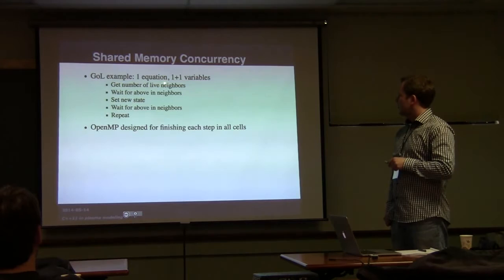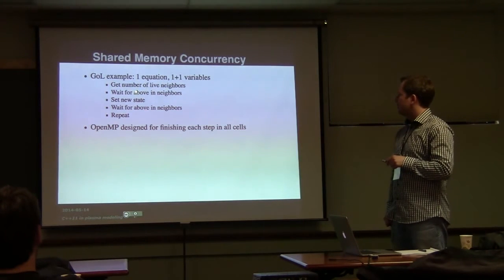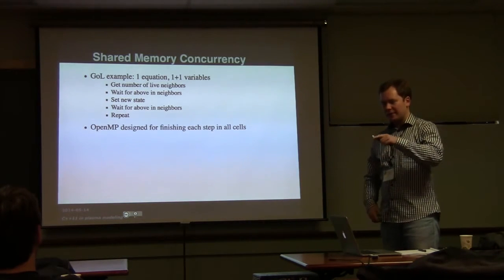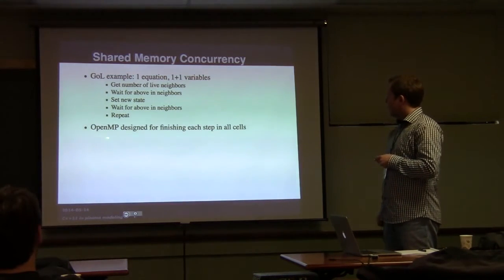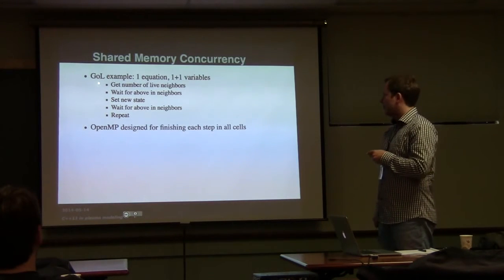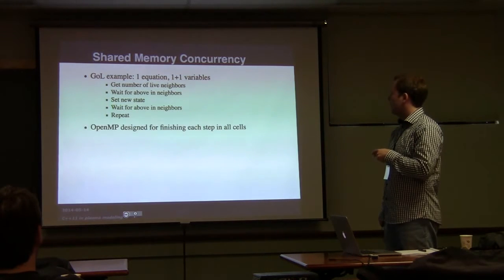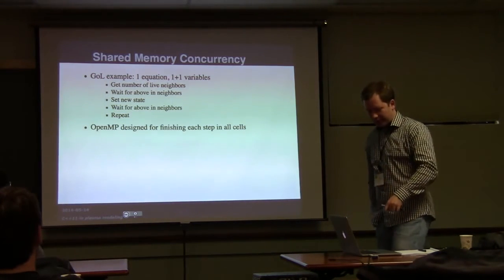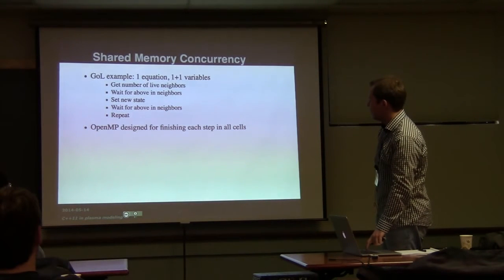So pretty much the simulation goes: each cell calculates the number of live neighbors, and then before each cell sets the new state, they have to wait that the neighbors have also calculated the number of live neighbors. And so OpenMP is pretty much designed for this type of stuff. So you just put some pragmas, so this is parallel and then this is parallel. But you have to wait that all of this is calculated before you can move on to this. So for simple programs, OpenMP can work extremely well in the best case.